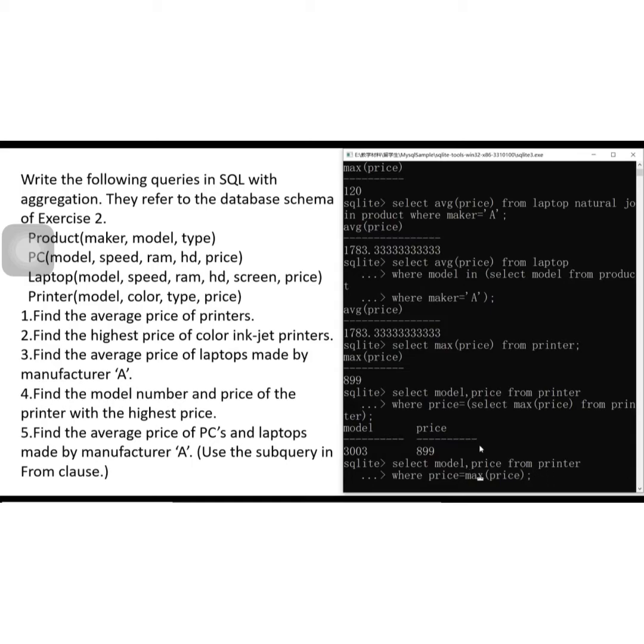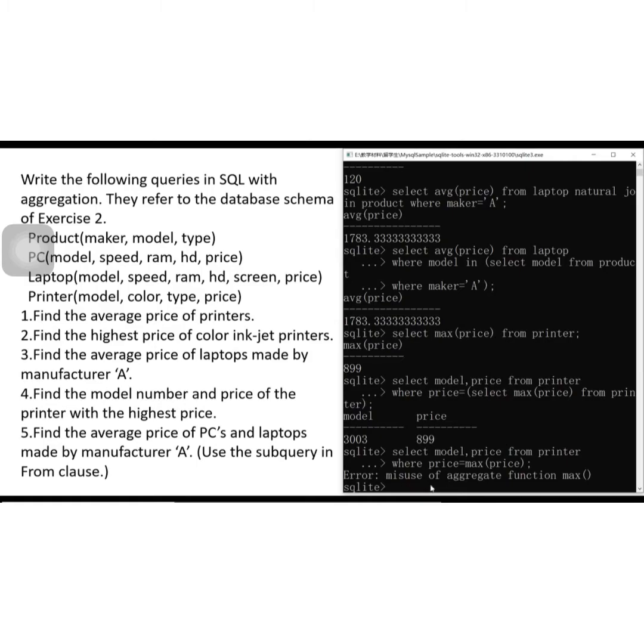Okay. Write the max operator in where clause. You'll find this is a misuse of aggregate function max, because aggregate function cannot be in where clause, from clause, or others. It can be only in select clause or having clause. So don't write the sentence like this.